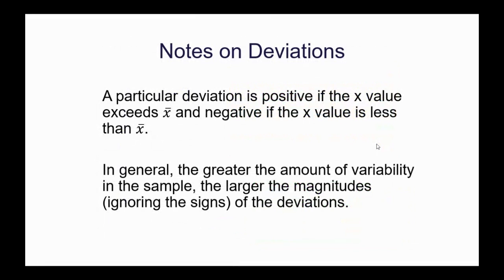But let's hang on. Before I say what I was about to say, let's just talk about this for a second. A particular deviation would be positive if the x value exceeds the average, and negative if the x value is below the average.